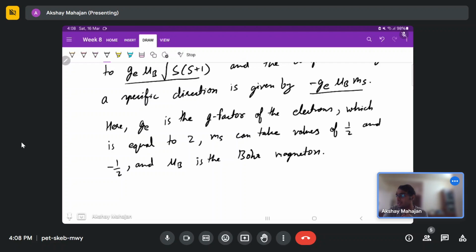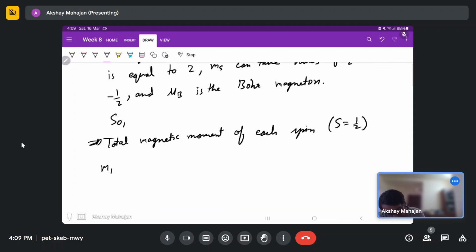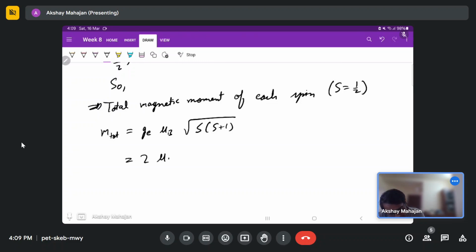Alright. So here first of all we need to find the total magnetic moment of each spin, where we have s equals to half. So this m total will be written as g_e times mu_B times the square root of s into s plus 1. So g is 2, mu_B I will just leave as mu_B, the Bohr magneton, and s is 1 by 2, so 1 by 2 plus 1.